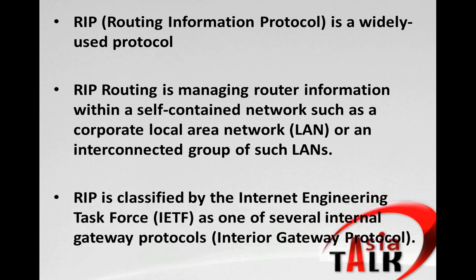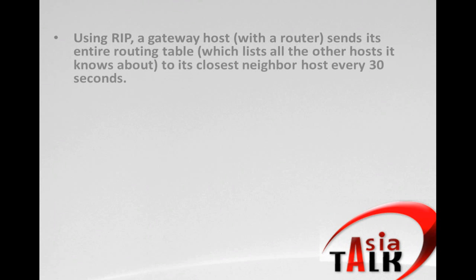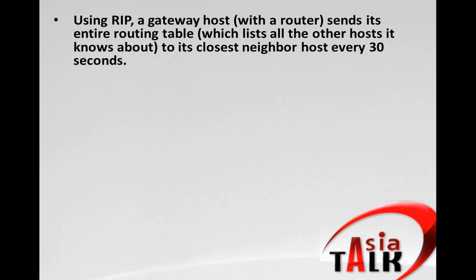RIP is classified by the Internet Engineering Task Force, the IETF, as one of several interior gateway protocols. Using RIP, a gateway host, or as we call it a router, sends its entire routing table to its closest neighbor host every 30 seconds. What does this mean? Inside a RIP network, there is a routing table.